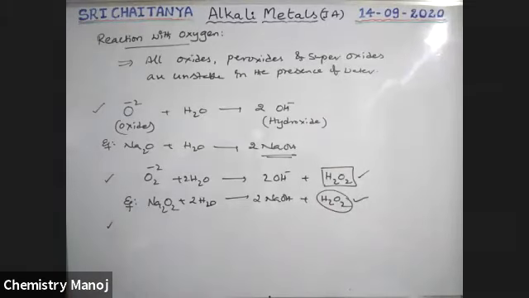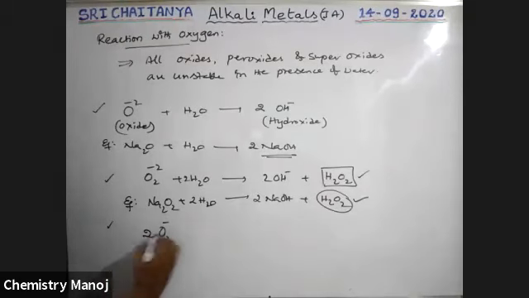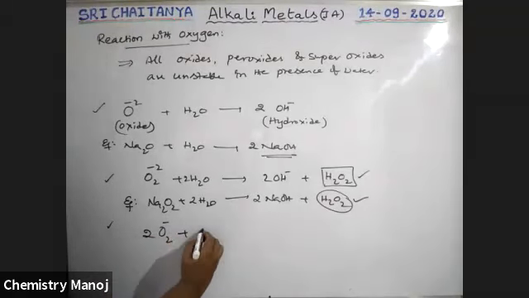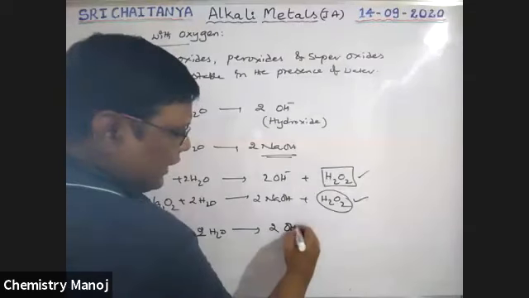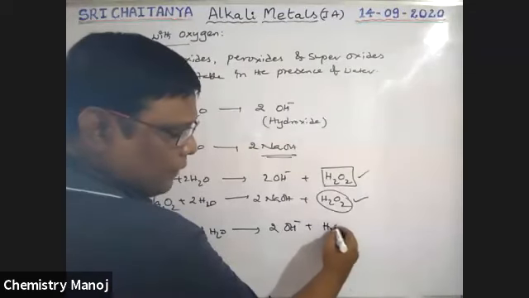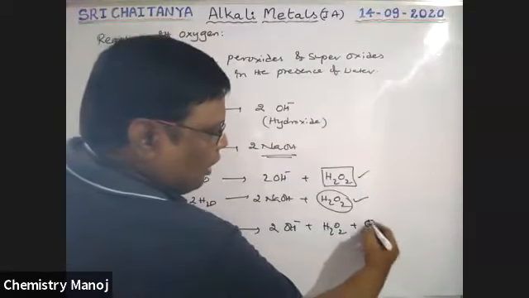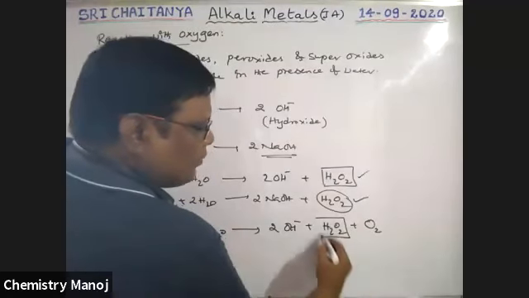Next, if superoxide is there, that is O2-, 2 moles of O2- react with 2 moles of water and give hydroxides, hydrogen peroxide, and oxygen gas. These are the byproducts, boys.